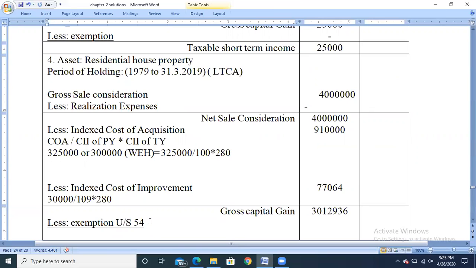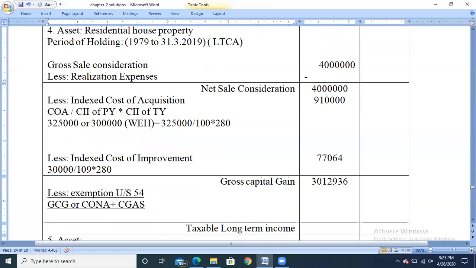So the exemption amount will be gross capital gain or cost of new asset plus amount deposited in a capital gain account scheme, whichever is lesser.